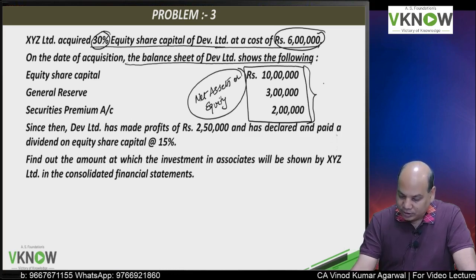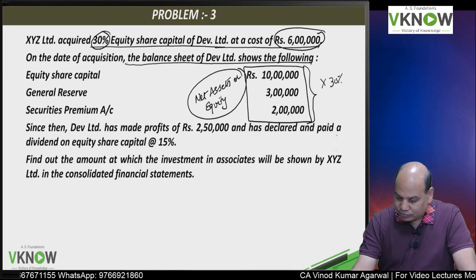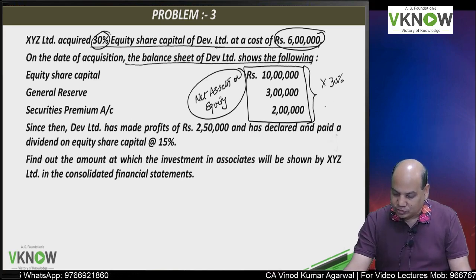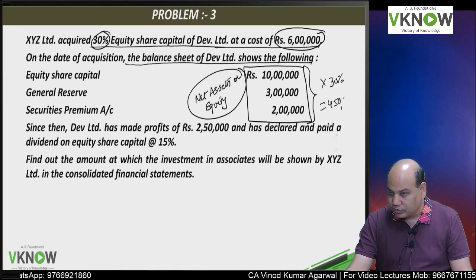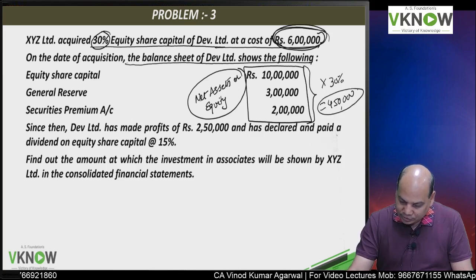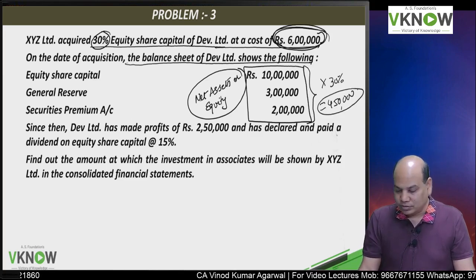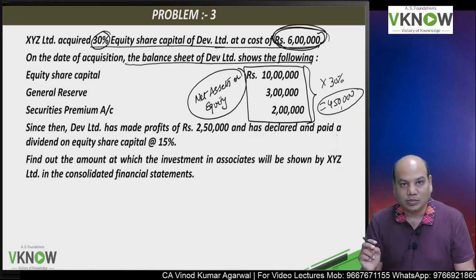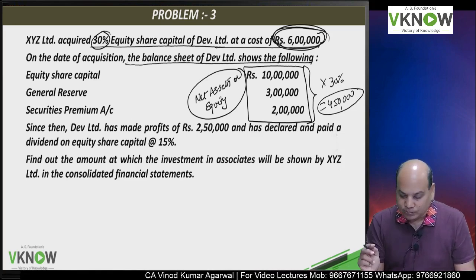If you multiply by 30%, that will give you share in net assets. So 10 plus 5, 15 lakh into 30%, 4,50,000. 6 lakh minus 4,50,000, 1,50,000 will be goodwill. At the time of acquisition, we have to compute goodwill.